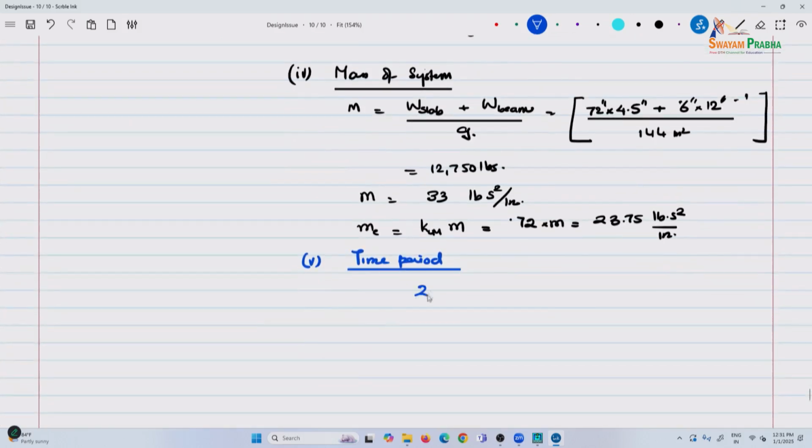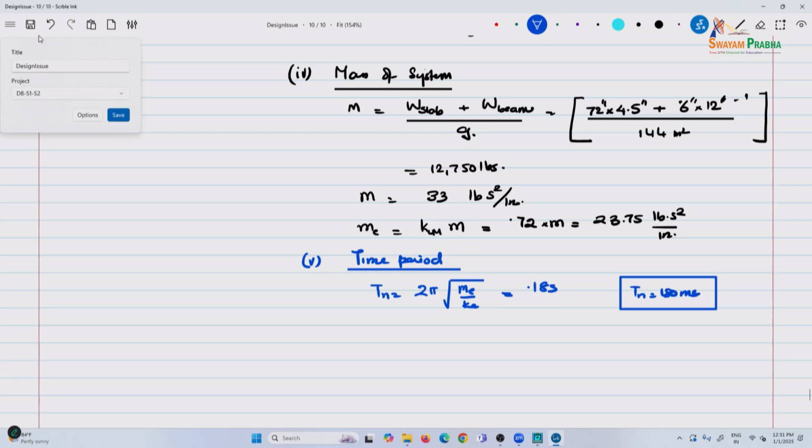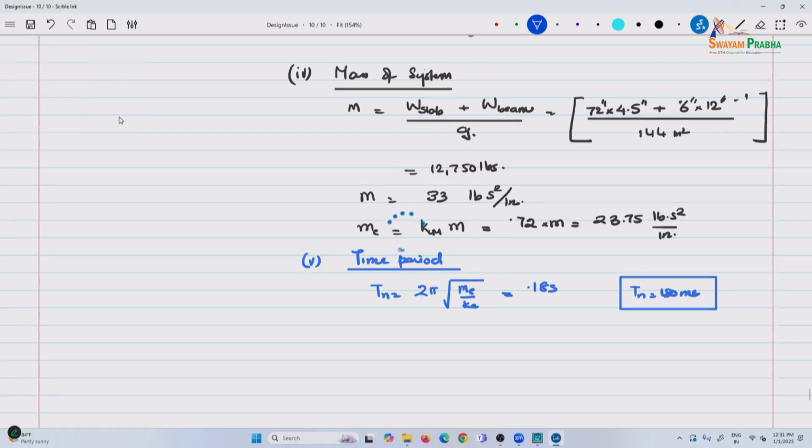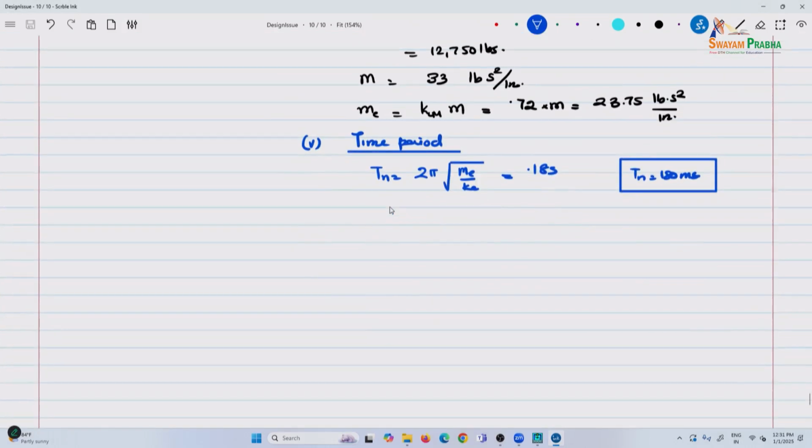Is 2 pi square root of, comes to 0.18 seconds or so.